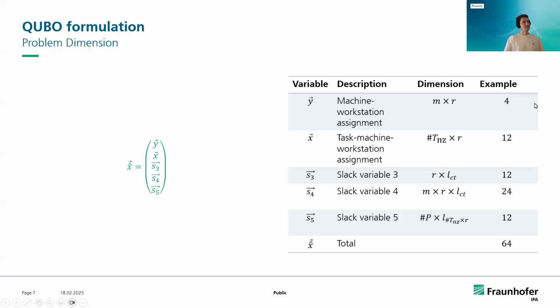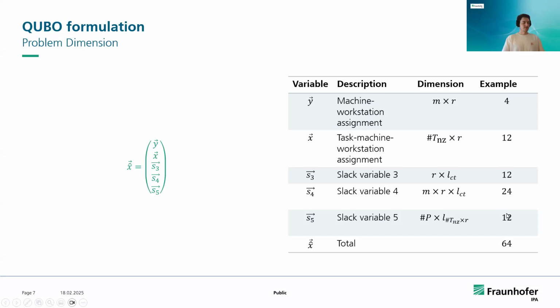If we say we have an example with 4 machine workstation assignments and 12 task machine workstation assignments, this introduction of slack variables already makes up the main part of decision variables in our QUBO. So our resulting QUBO has already 64 decision variables, which is huge and leads to a lot of problems later on.